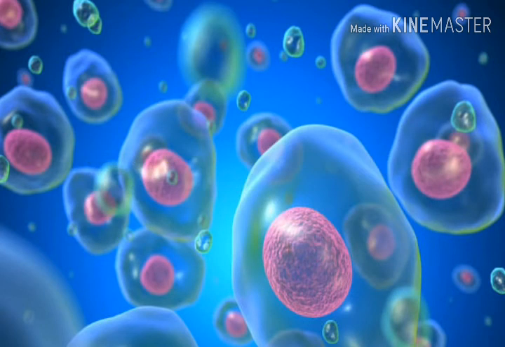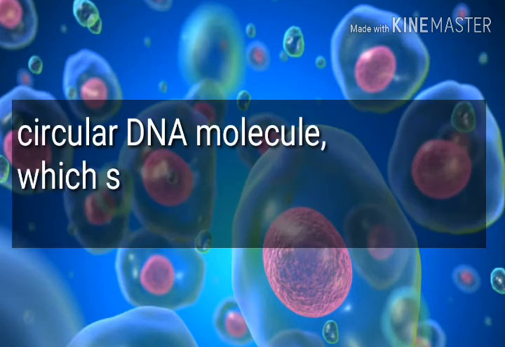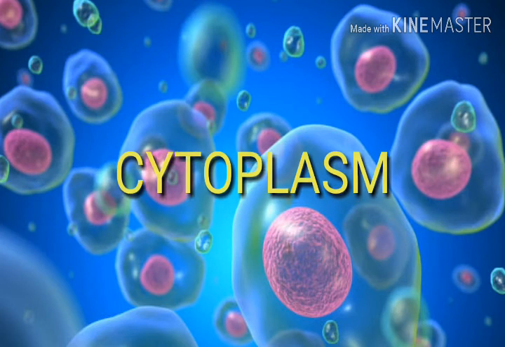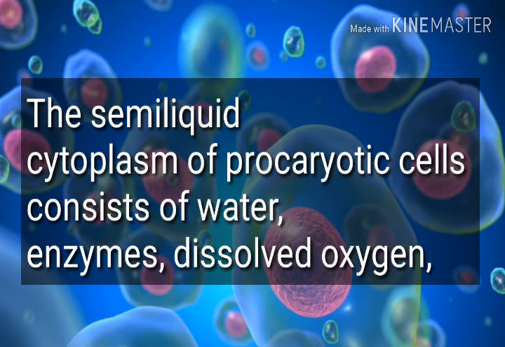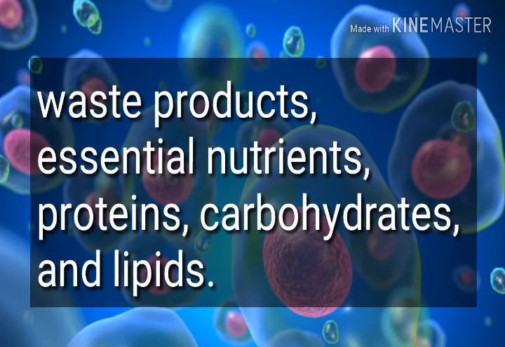Chromosomes. The prokaryotic chromosome usually consists of a single, long, supercoiled, circular DNA molecule which serves as the control center of bacterial cells.